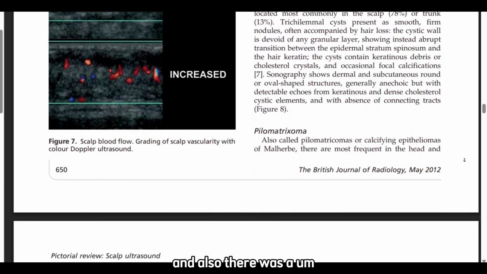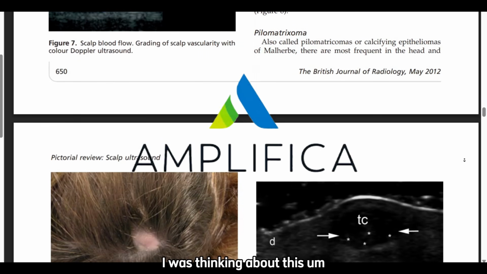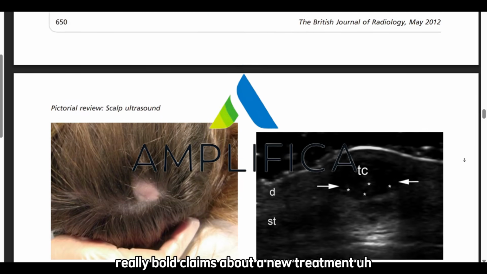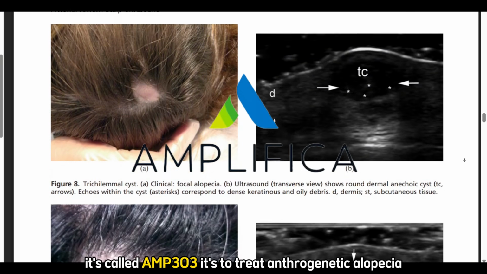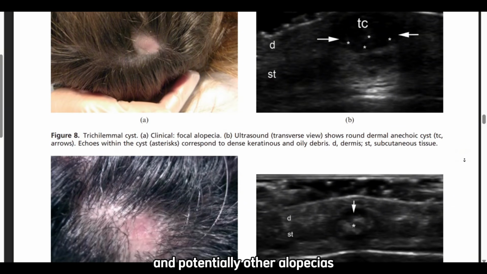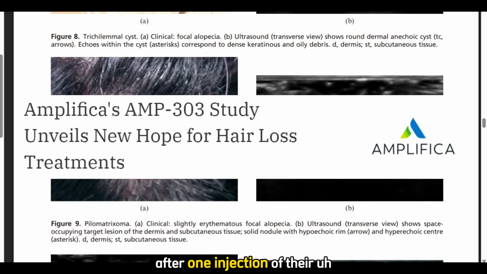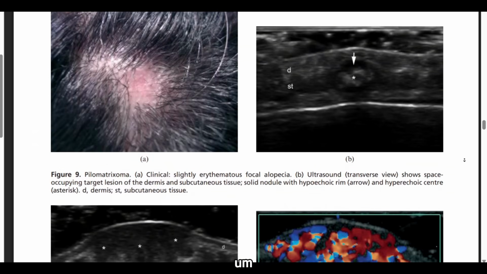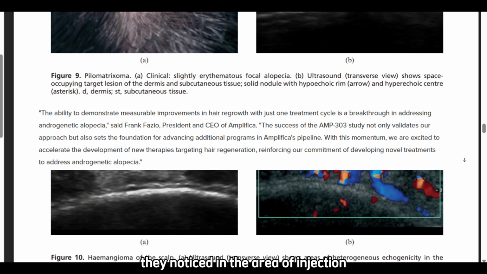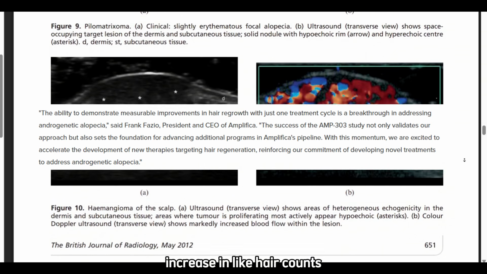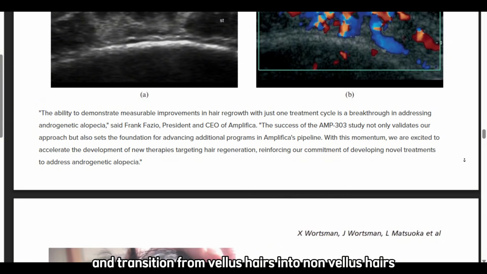And also there's this one company called Amplifica. I was thinking about this because they made some really bold claims about a new treatment. It's called AMP 303. It's to treat androgenetic alopecia and potentially other alopecias. They said in their study that after one injection of their osteopontin derivative glycoprotein, they noticed in the area of injection an increase in hair counts and a transition from vellus hairs into non-vellus hairs.